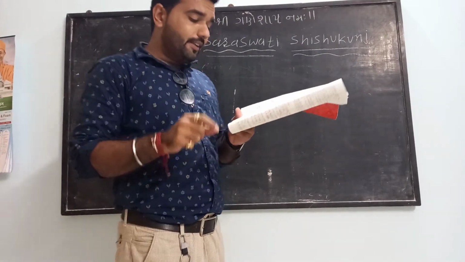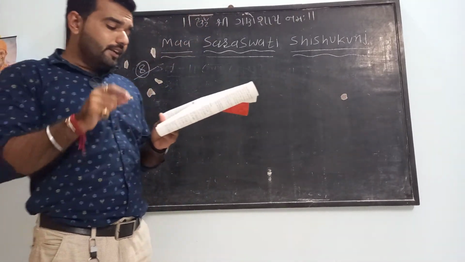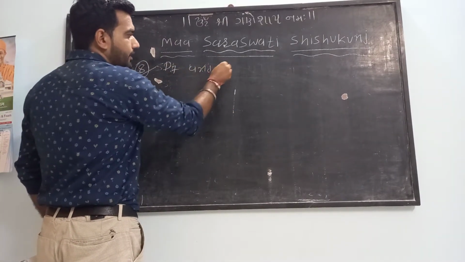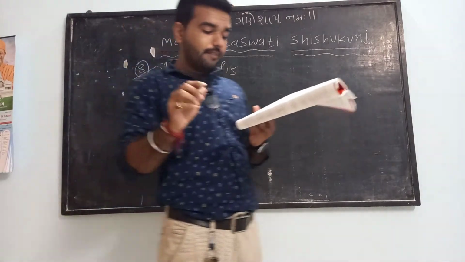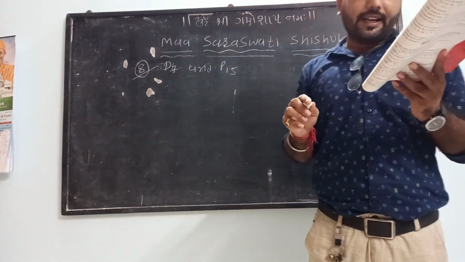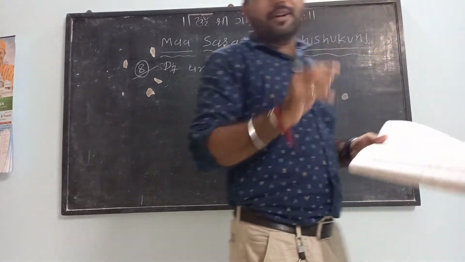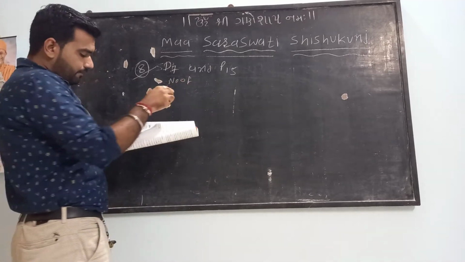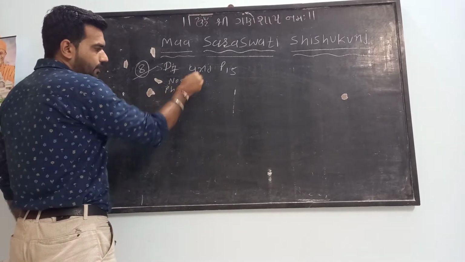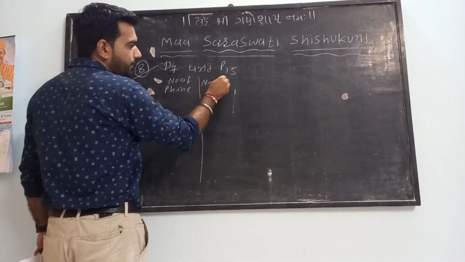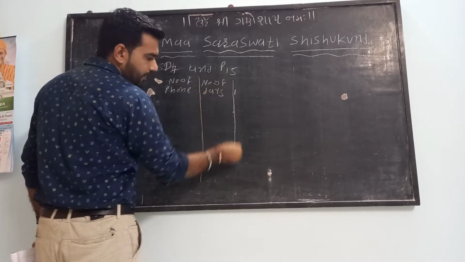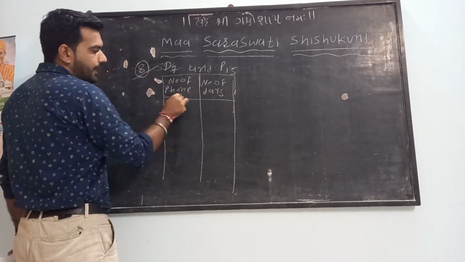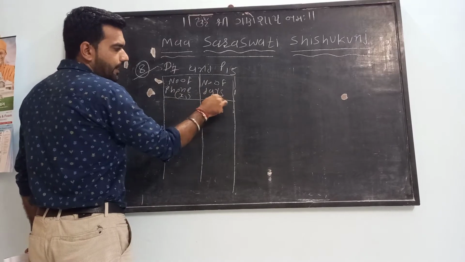Now example number 8. Here in example number 8 we have to find D7 and P15 from the following data. The number of phones and the number of days, that is xi and fi, are given.